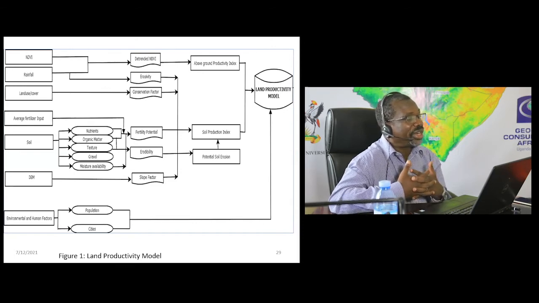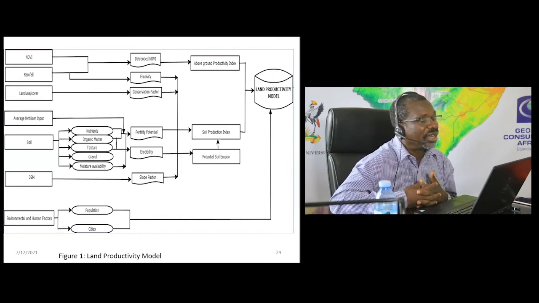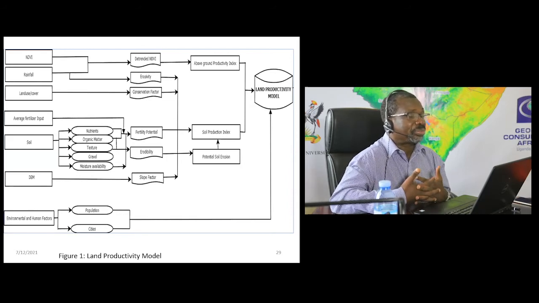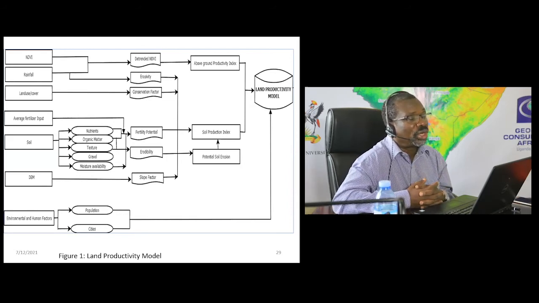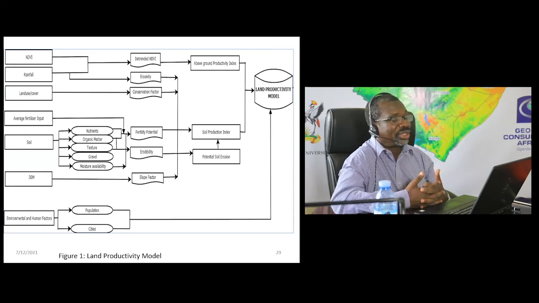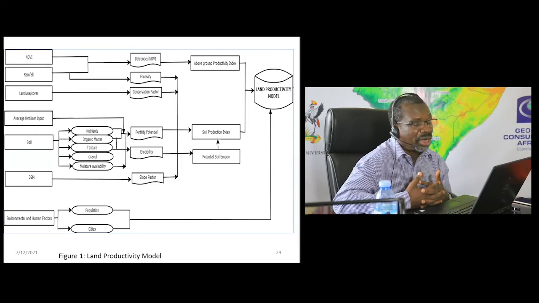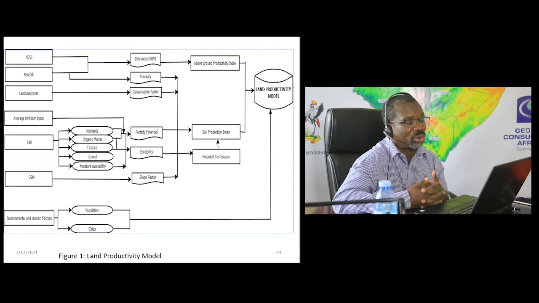So once the NDVI was detrended from the rainfall, we had something we could use to develop the above ground productivity index using classical statistics. Now, the soil productivity was developed based on the fertility potential of the soil, but we also took into consideration the section of erosion.